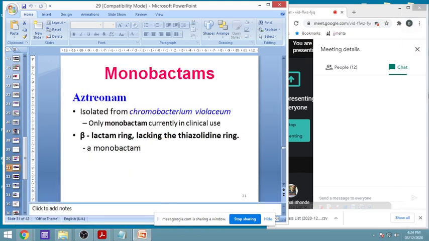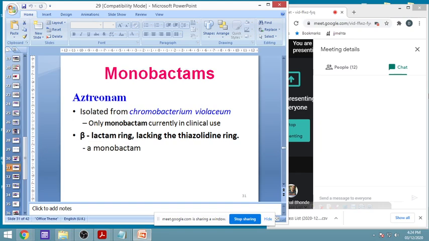Let us see next. An example of this is monobactams. The drug in this is aztreonam. It is isolated from Chromobacterium violaceum. It is the only monobactam currently in clinical use. It has a beta-lactam ring, but it lacks the thiazolidine ring.